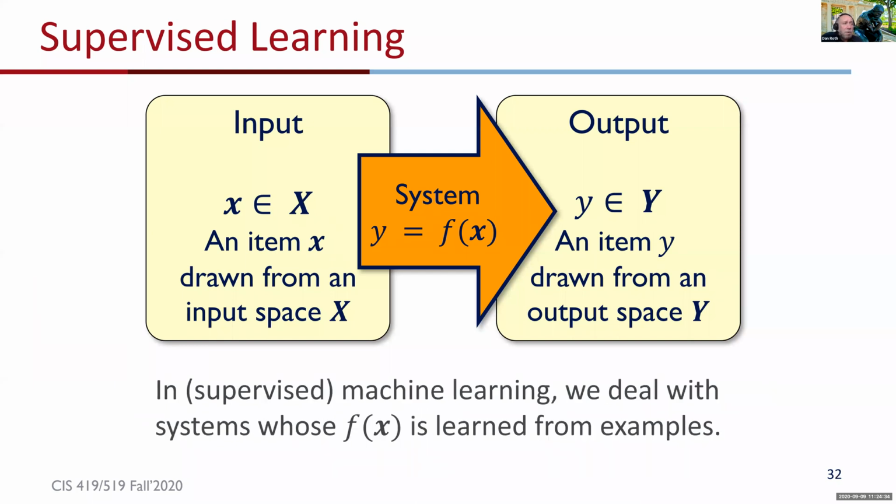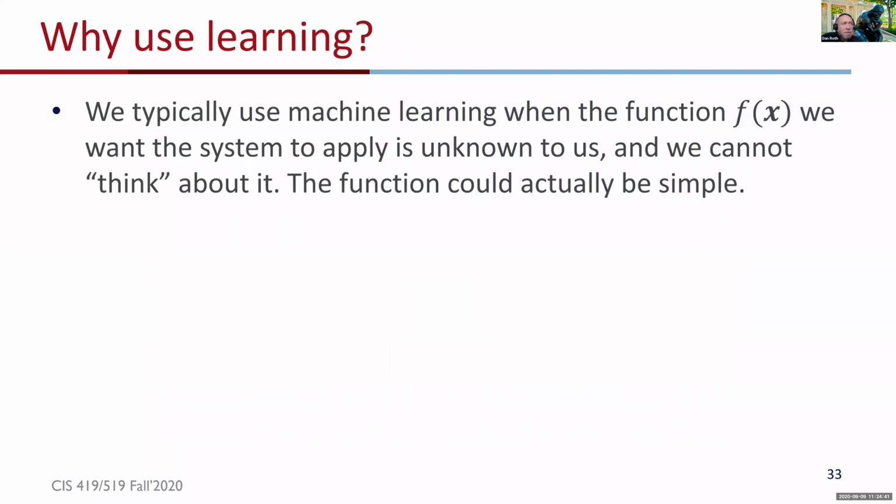So in supervised machine learning, we deal with systems where f of x is learned from examples. And as I said, we typically want to use it when the function f is unknown and we cannot just think about it. In this sense, maybe the badges example isn't ideal because it's too easy. Paper, scissors, rock might be a better example, or spelling might be a better example because we actually don't know simple functions that can be used there.